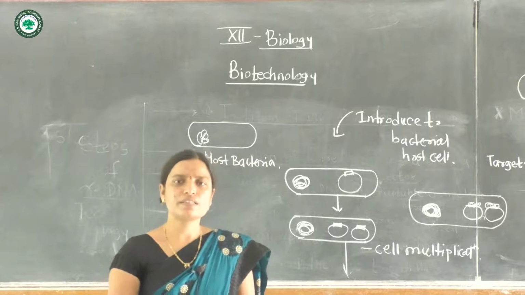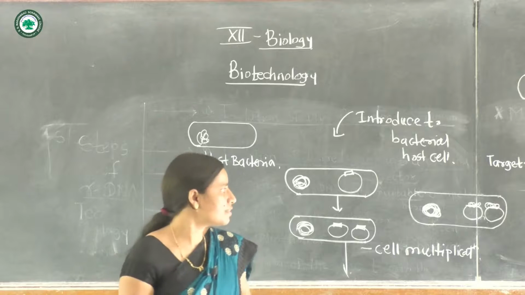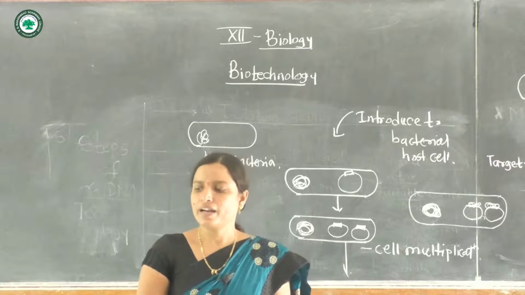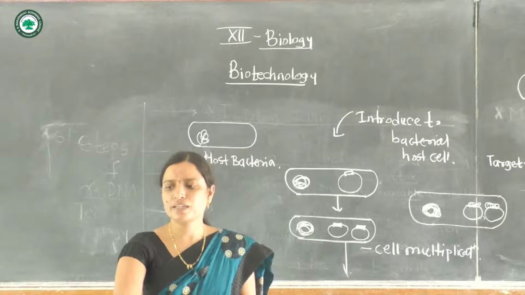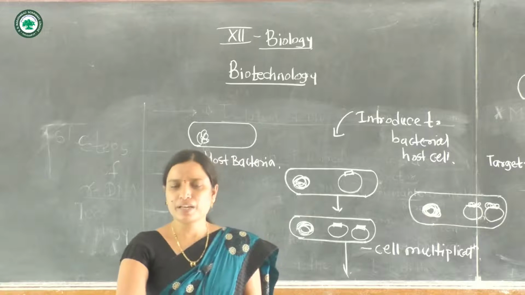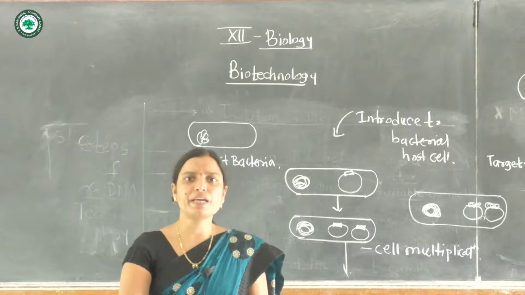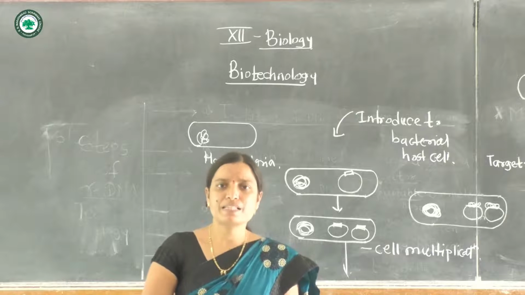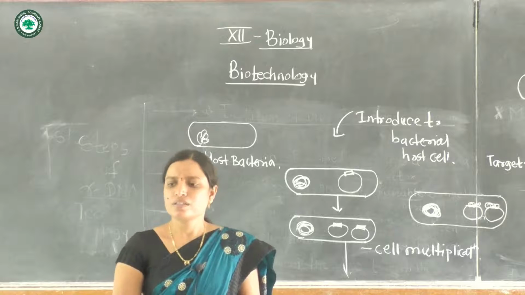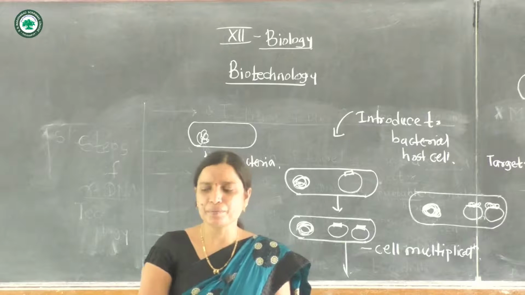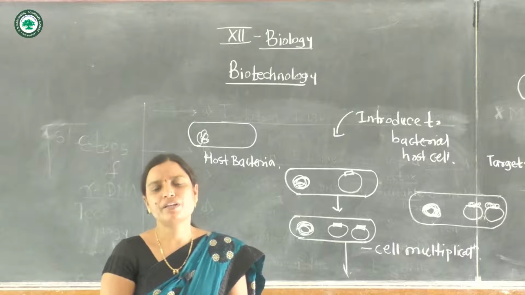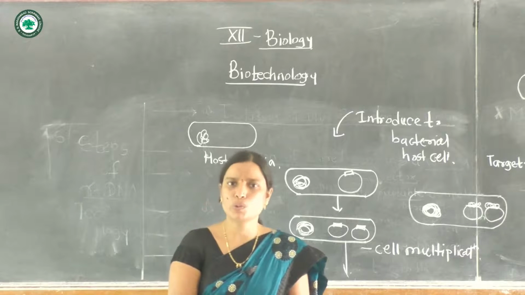Now the next step is selection. This is the selection of the host cell material, and lastly the selected material. The vector is most important, for example vectors like pBR322, a plasmid, this is also a plasmid vector, and they can contain different marker genes in the transformed host cell.